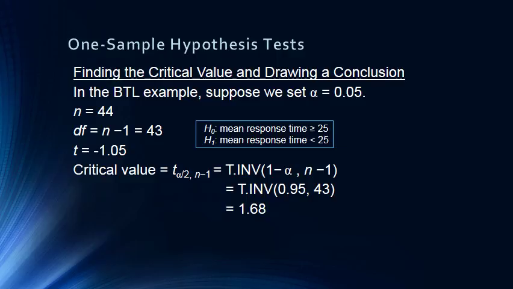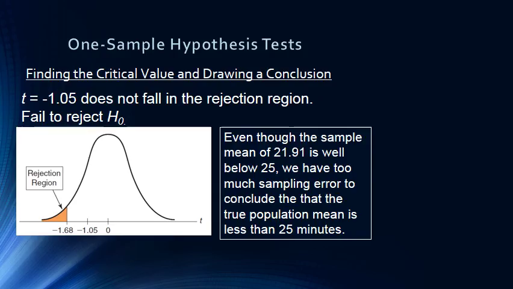So that becomes our critical value, the value here for our rejection region, highlighted in color. We said t equals 1.05, and it does not fall in the rejection region, meaning it does not fall on this side. So with that, we fail to reject the null hypothesis.